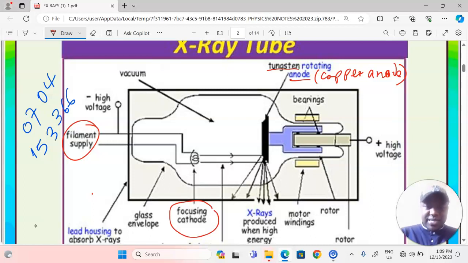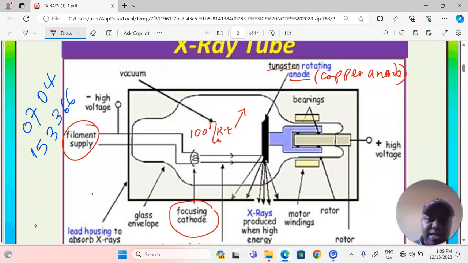Therefore, 100% of the kinetic energy of electrons is converted at the anode, and 99.5% becomes heat energy, while a small percentage, like 0.5% of the energy, becomes X-rays.